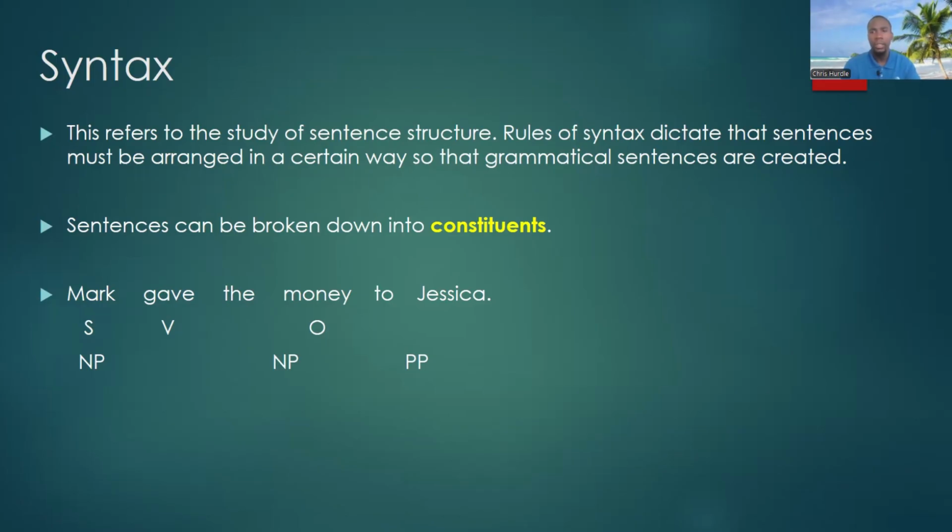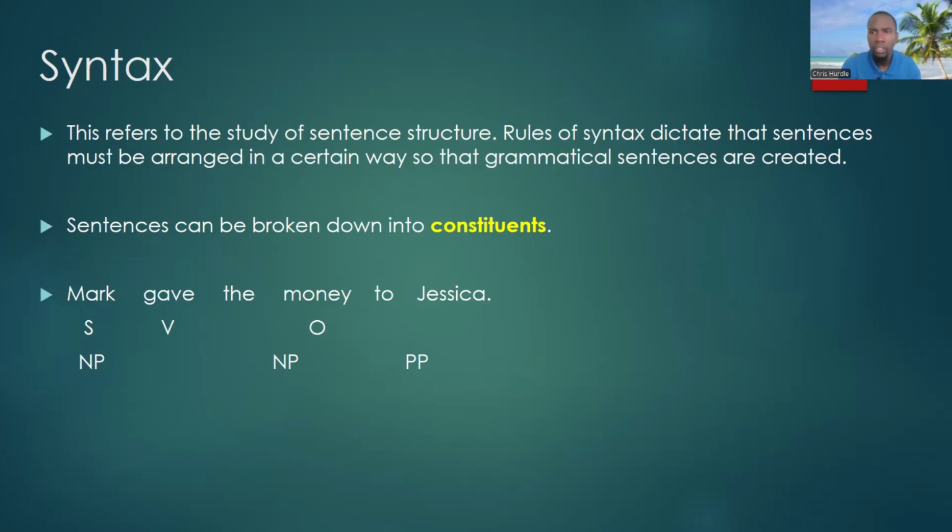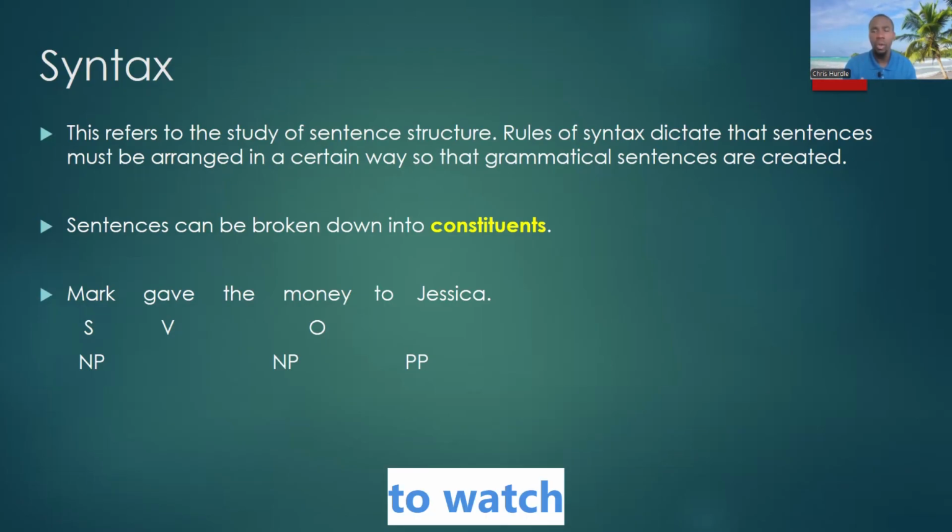an object. An example of a transitive verb, a verb that requires an object, would be a verb like watch. Watch would require an object, because you have to watch someone or something. So you can't just say I watch. You watch what? Right.